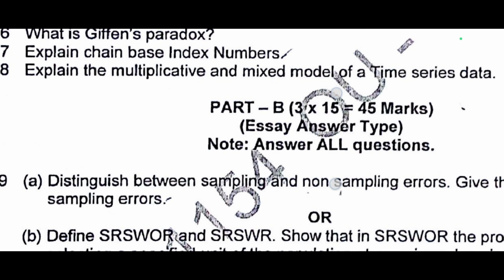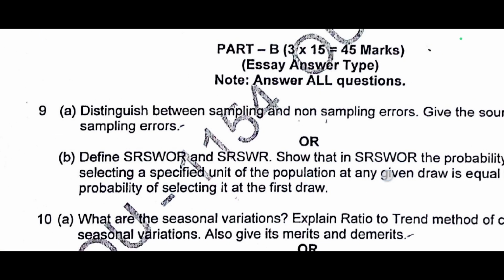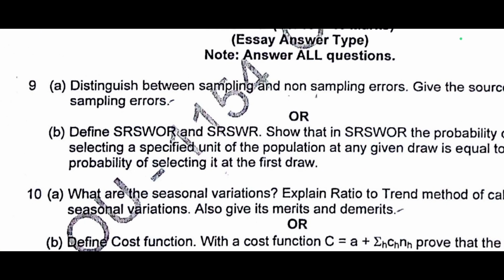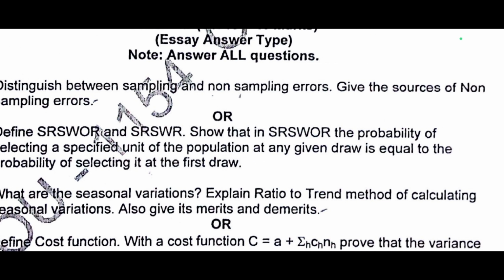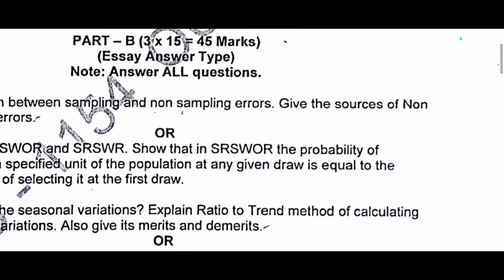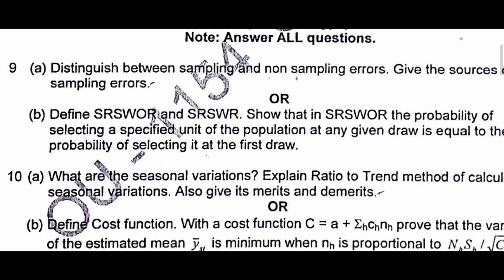Next, explain the multiplicative and mixed model of the time series data. This is also a previous year question paper question. Next, distinguish between the sampling and non-sampling errors. Give sources of non-sampling errors, one of the important questions.